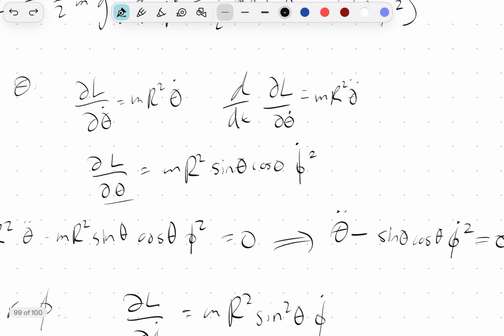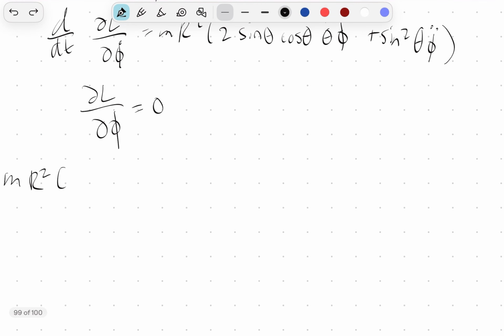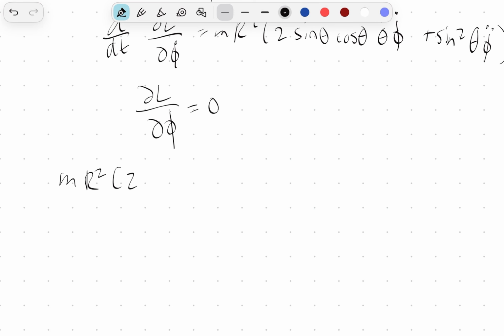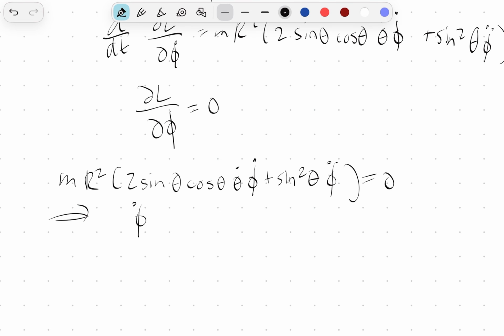So that kind of serves as your little effective, not effective potential, but like a potential term that serves just the curvature of the sphere. Sine squared theta phi double dot should be equivalent to 0, which then gives us that phi double dot plus 2 cotangent of theta, theta dot phi dot, is equal to 0.